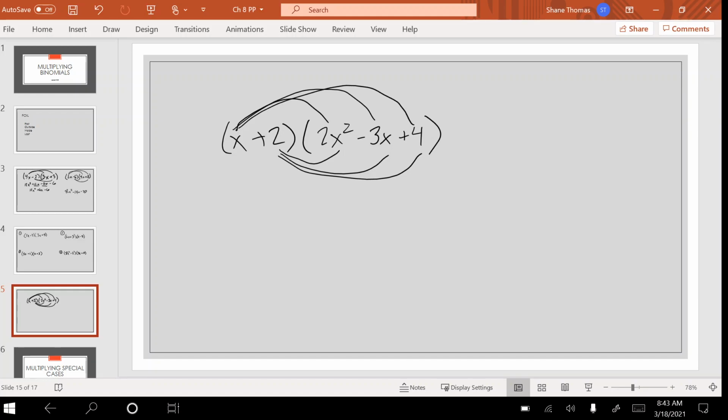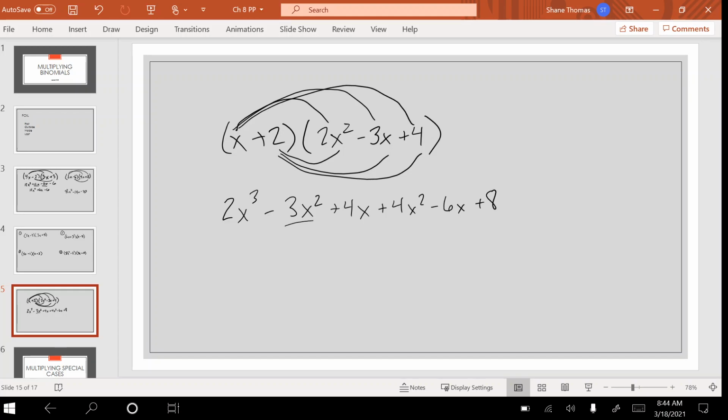All right, so x and 2x squared is what? 2x to the third. X and negative 3x, negative 3x squared. X and 4, 4x. 2 and 2x squared, 4x squared. 2 and negative 3x, negative 6x. 2 and 4, 8.